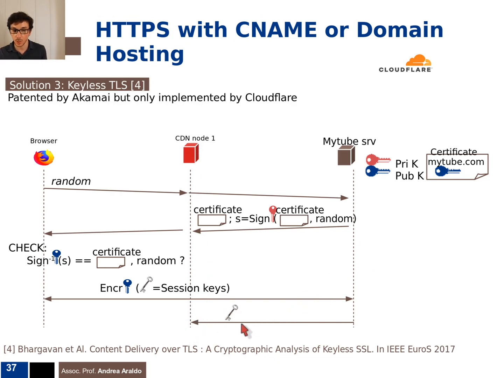So if MyTube doesn't do this, the browser cannot communicate in any way with the CDN. So we can say that this keyless TLS allows MyTube to remain in control of its own identity and prevent the CDN from impersonating MyTube in all the ways.